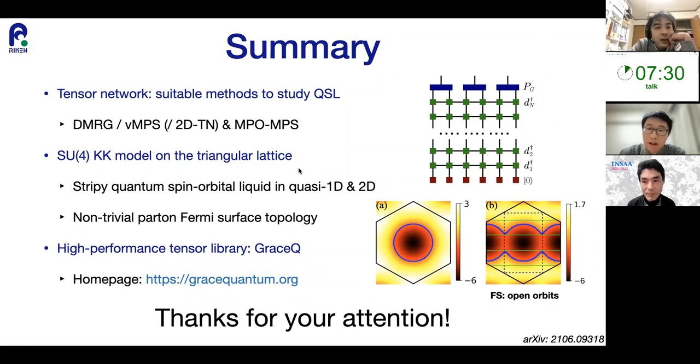Oh no, in this case it only supports MPS and MPO. But you have a basic tensor network library.